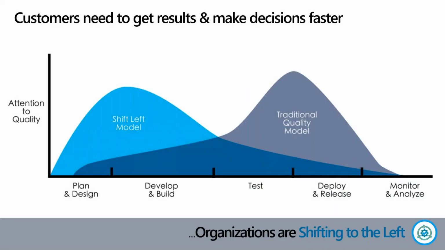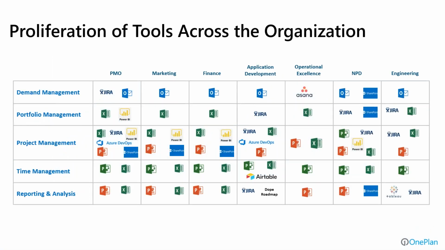The driver for that is organizations are shifting to the left, as we call it, and that left is moving to more iterative, agile approaches so that we can actually get results and make decisions faster and deliver things more incrementally. Organizations are going from a more traditional waterfall, traditional quality model to more of a shift-left model.